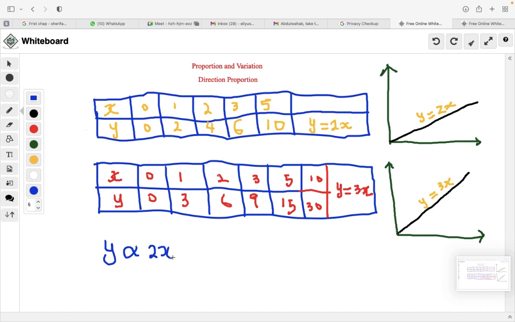Okay, we say y varies directly as x. Let's look at it first from y varies directly as x.